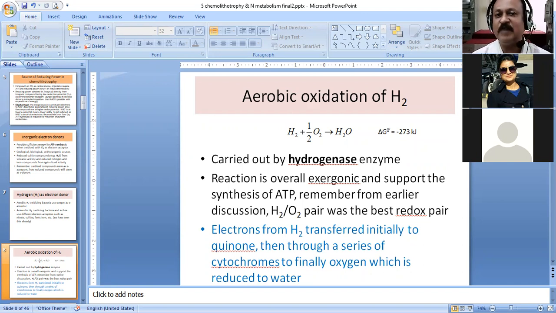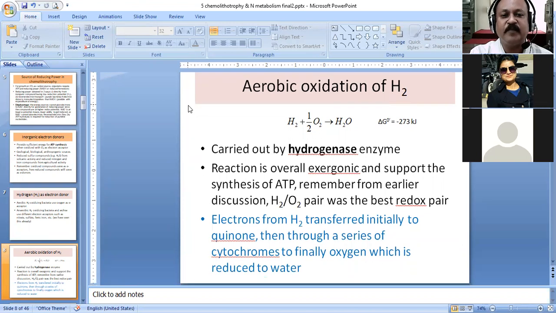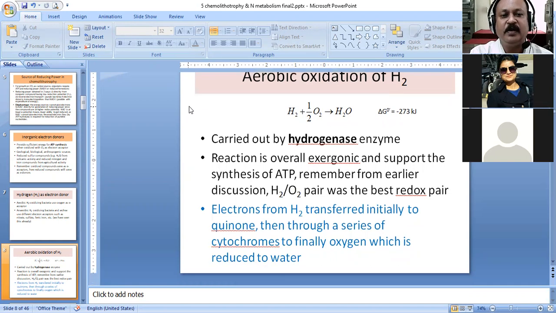The only thing to remember here is that the electron donor is the hydrogen molecule, and the electron acceptor could be oxygen or anything else. In between, we have different components of the electron transport, for example quinone and different cytochromes. Is it okay? Yes. Okay.